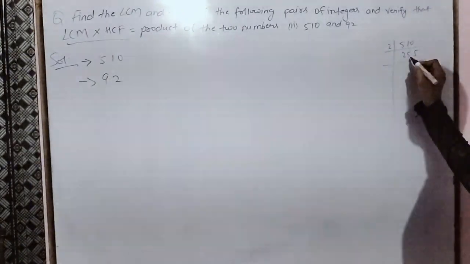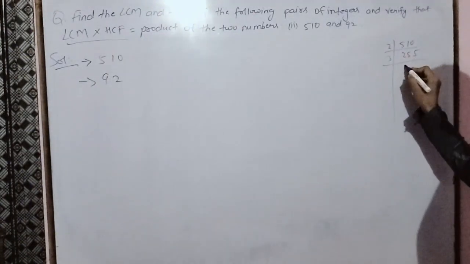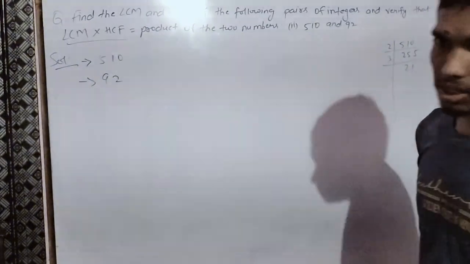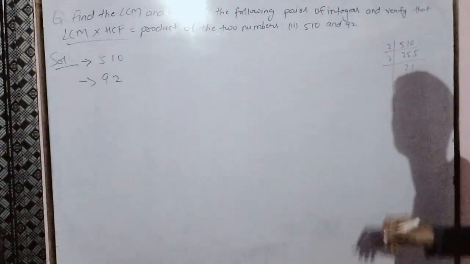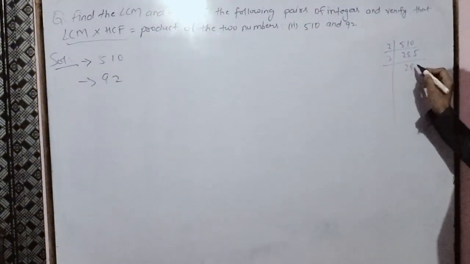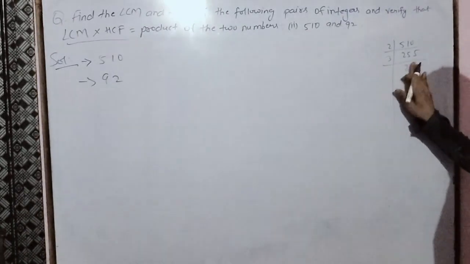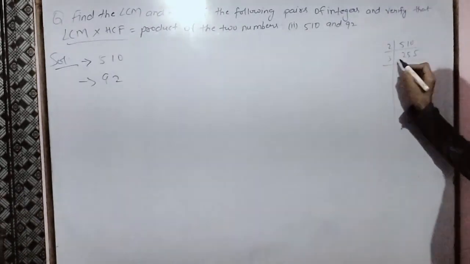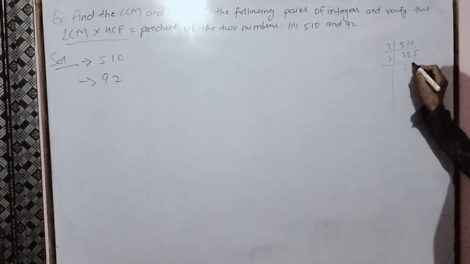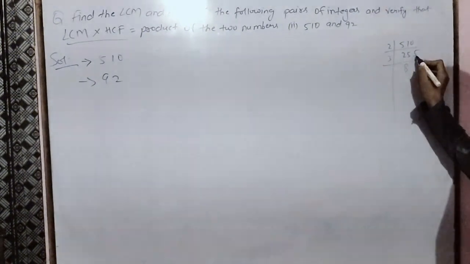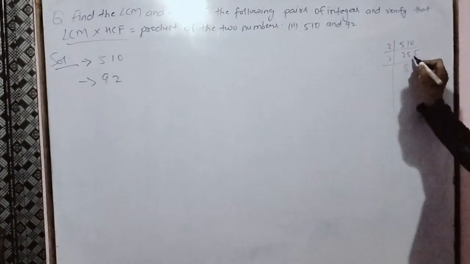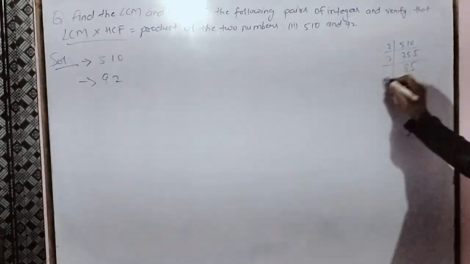Now, how much? 3 sevens, 3 eights, 3 eights, and here 15, 3 fives.